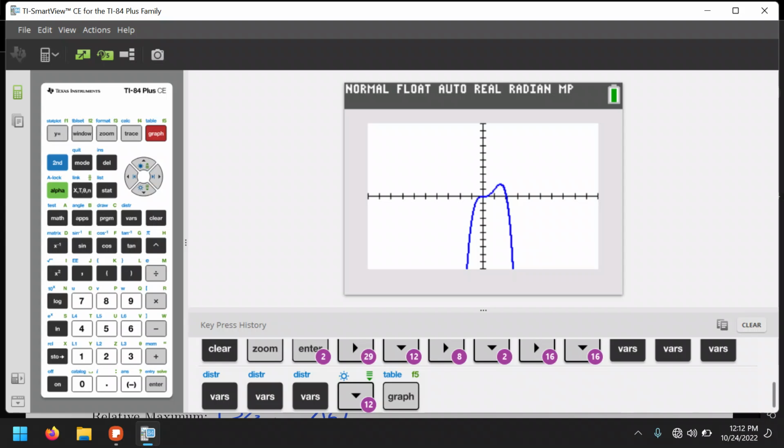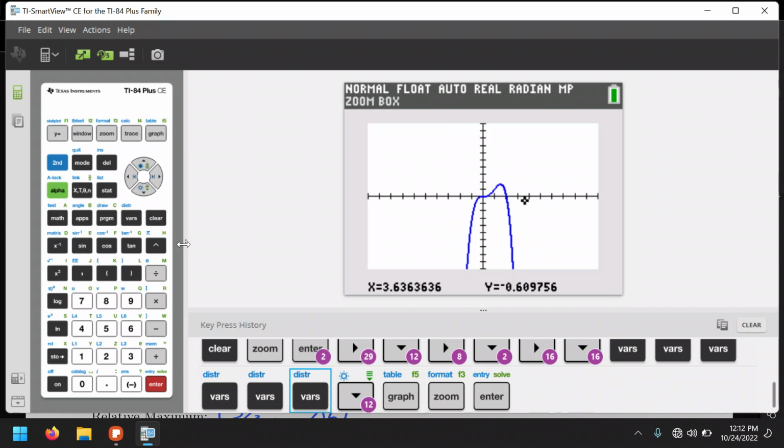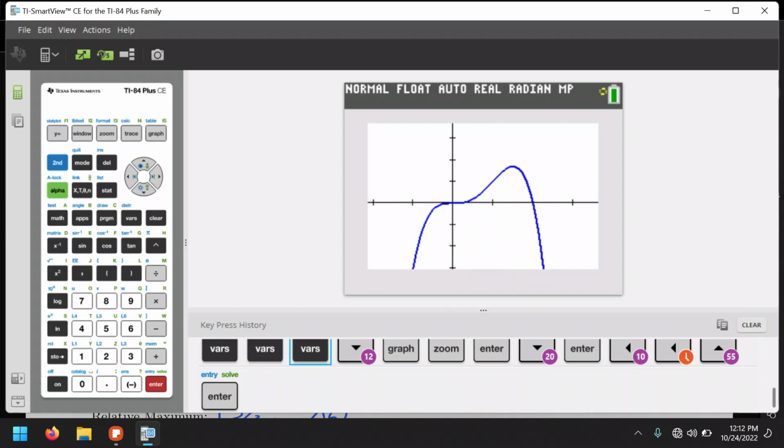Zoom box. Okay, I just want to focus on this part of the graph.